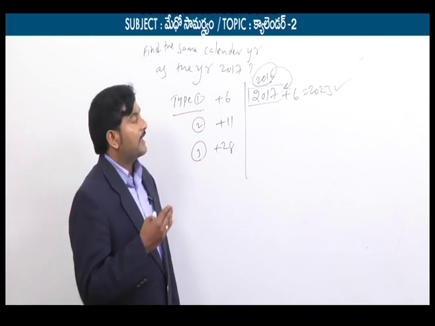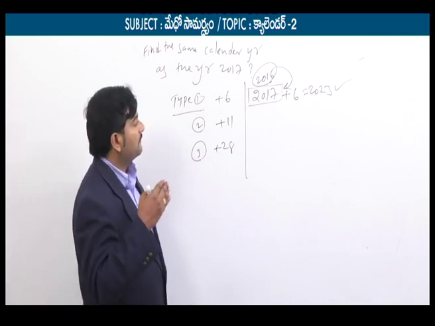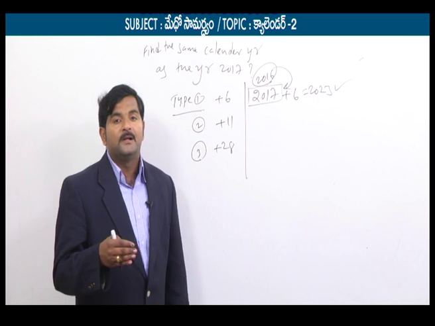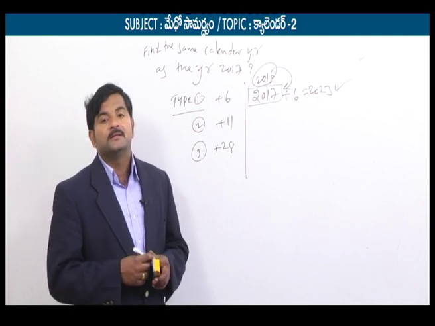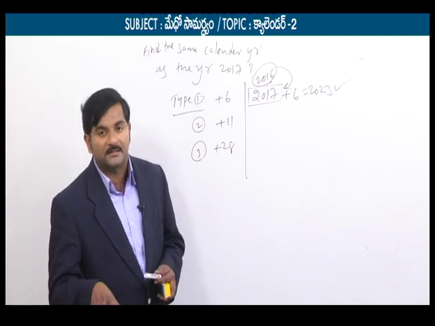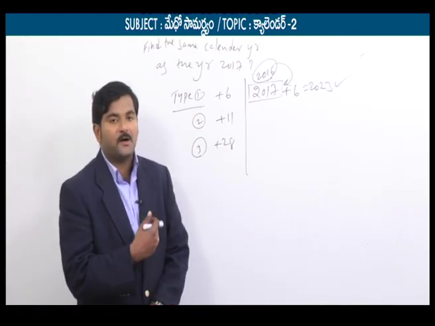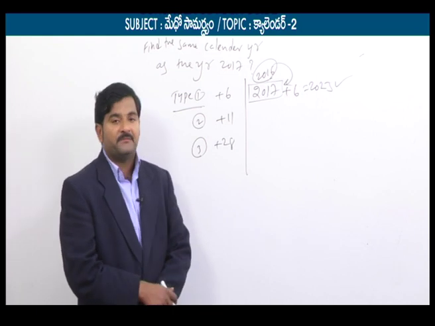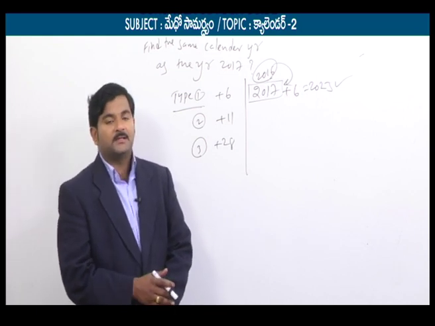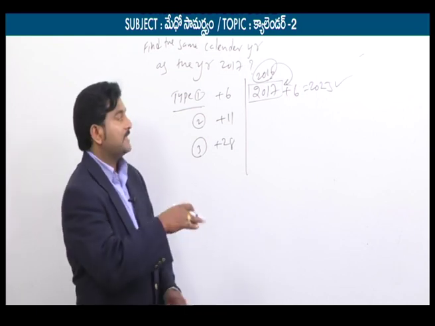The 2017 calendar and the 2023 calendar have the same calendar. 2017 is the first year after the leap year. Simply we need to add +6 to get the same calendar year.